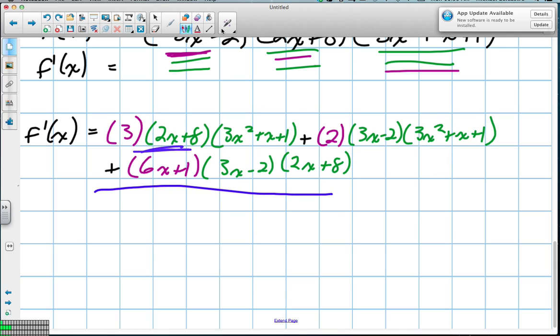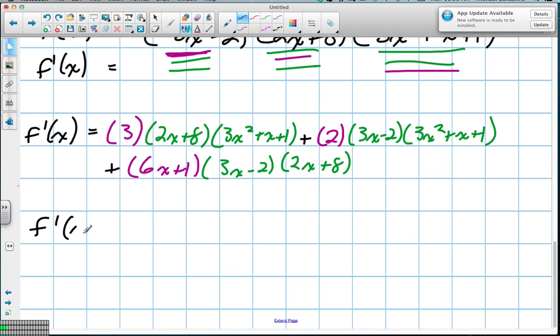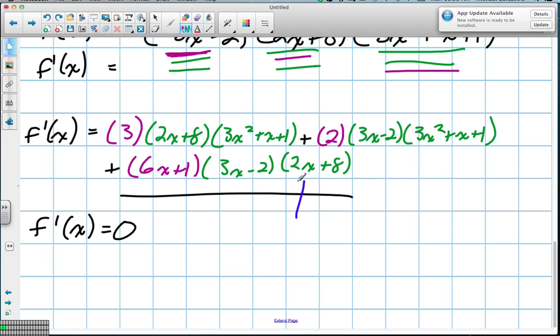But what we want to find now is when something is horizontal. When something is horizontal, what is the slope? 0. So what we would do with this question, and we're not going to go through the process because it's going to take a very long time, but we would need to find when f prime x is equal to 0, which means we would set this equation equal to 0 and find for what values of x we get 0.